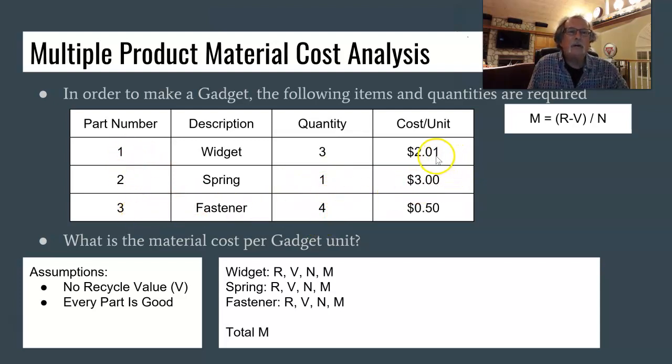And we've already gone through this calculation and determined that a widget is $2 and a penny, a spring is $3, and a fastener is 50 cents. So step 1, we want to find out what the material cost per gadget is. We're going to assume no recycle value and every part is good.